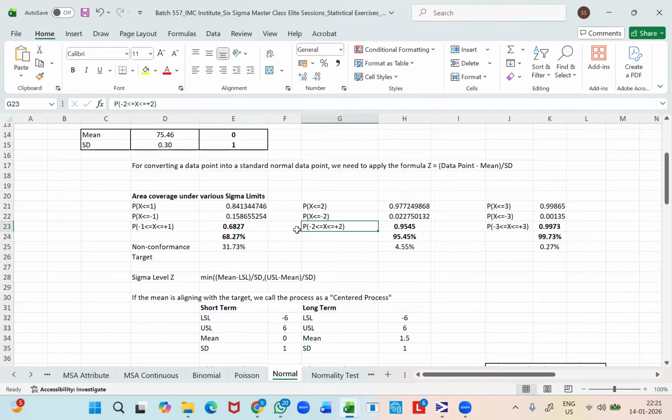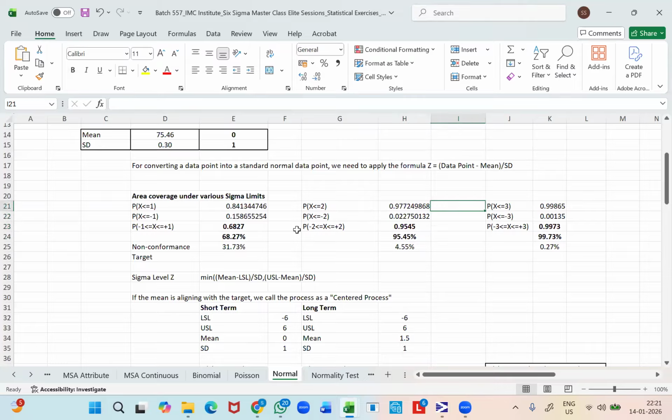Next, we will find out the area between +2 and -2. The same logic will be applied. First we find the entire area to the left of +2. From that, we subtract the area to the left of -2, and we get the area between +2 and -2 for a normal distribution, which is 0.9545, or 95.45%.